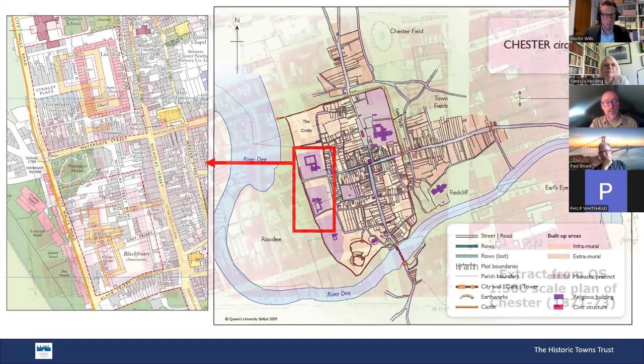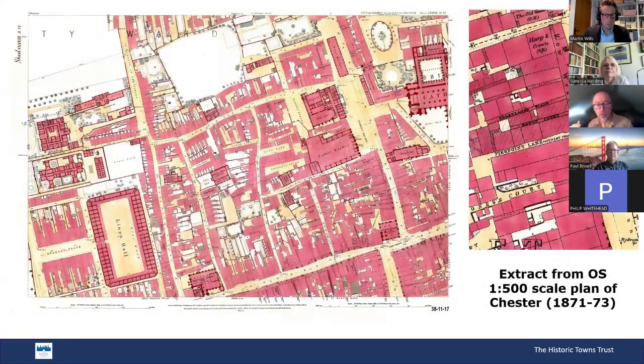So let's look in a little more detail at how we got to that point. The basis of our Mapping Medieval Chester were these lovely, very rich Ordnance Survey maps of a very large scale, 1 to 500. They show a huge amount of detail, even the interior of buildings. If you look at the cathedral over here, you'll see the columns are represented, the cloister and so on.